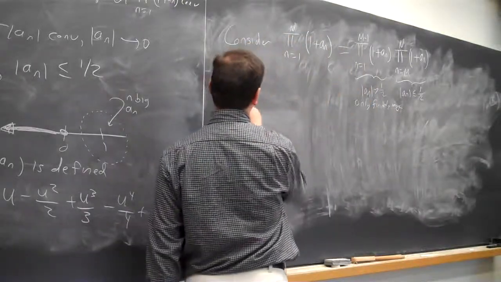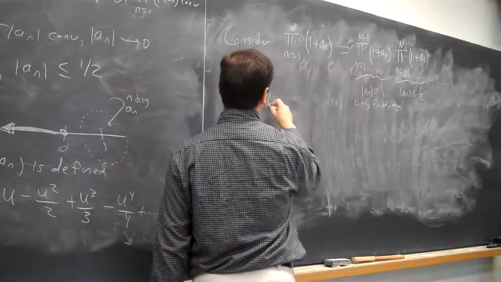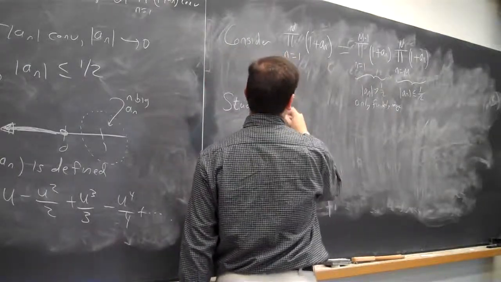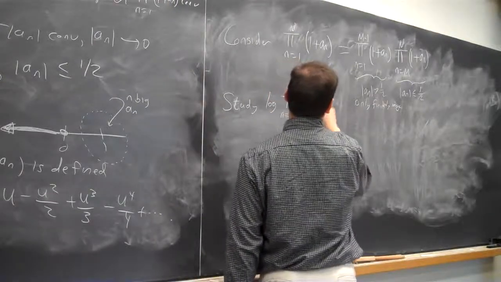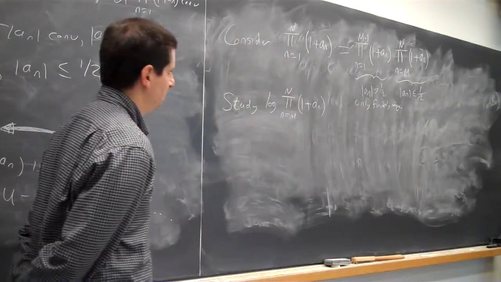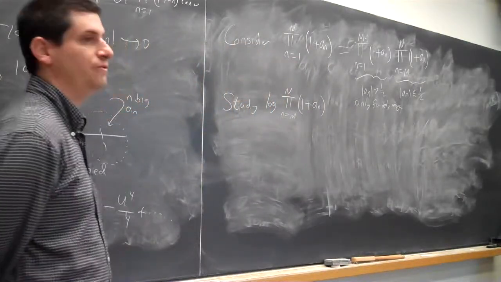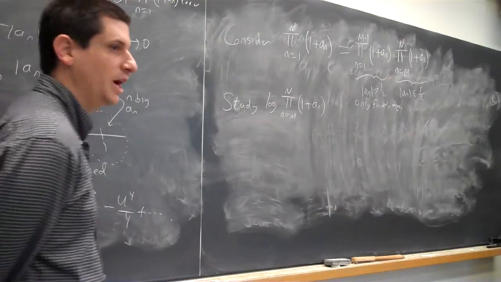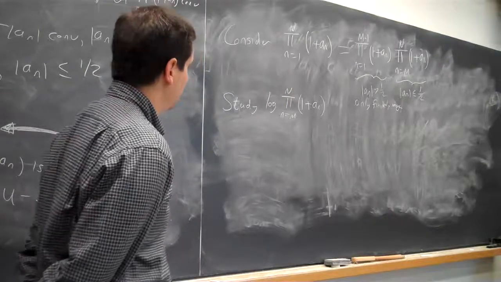So we study the log of the product, and it goes from m to n of 1 plus an. Now, why are we using the big N here and not just going off to infinity? Well, then we'll let big N go to infinity. So we're truncating the product, and then we're going to try to understand what this is. That'll do. Okay.